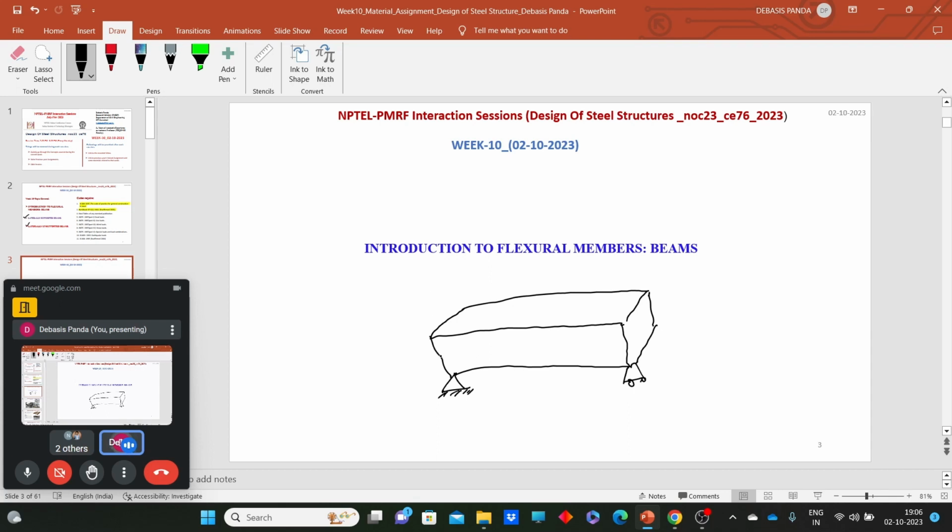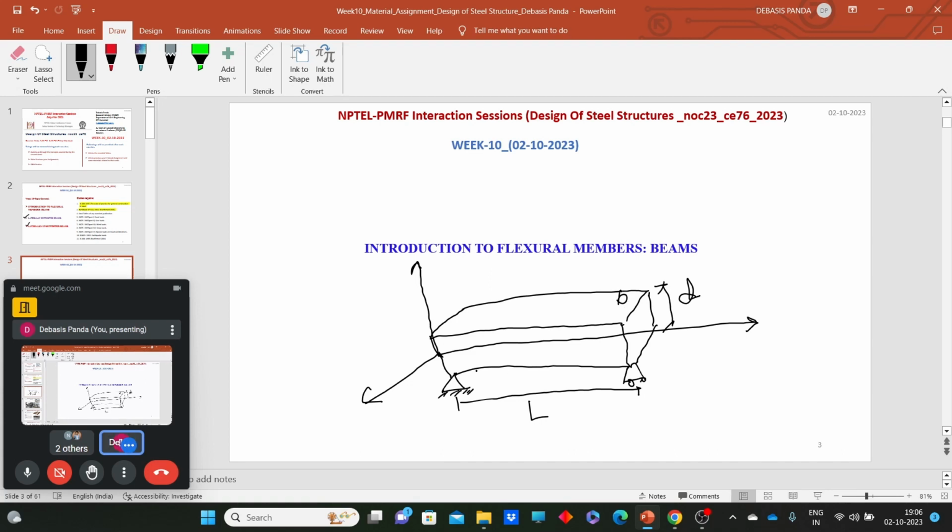If I consider the axis along its length, we have one axis, and we have two other axes perpendicular to it. For a beam, we have three dimensions: the length, the depth or height of the beam, and the width of the beam.